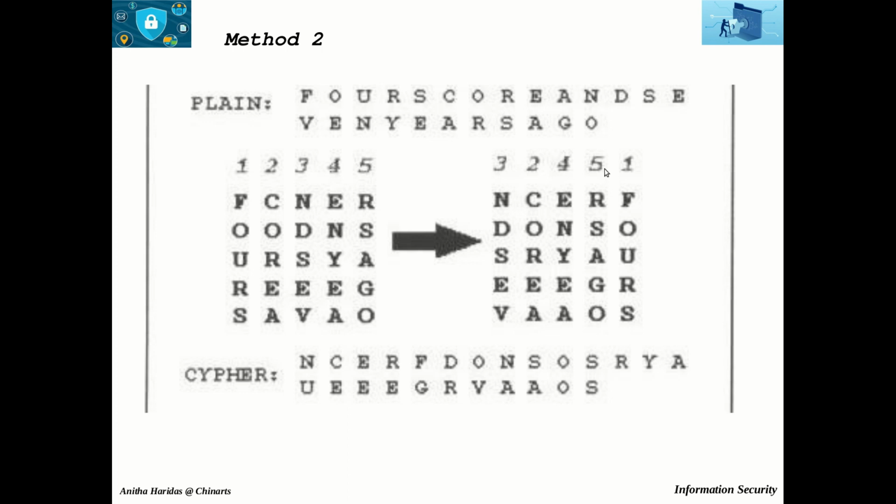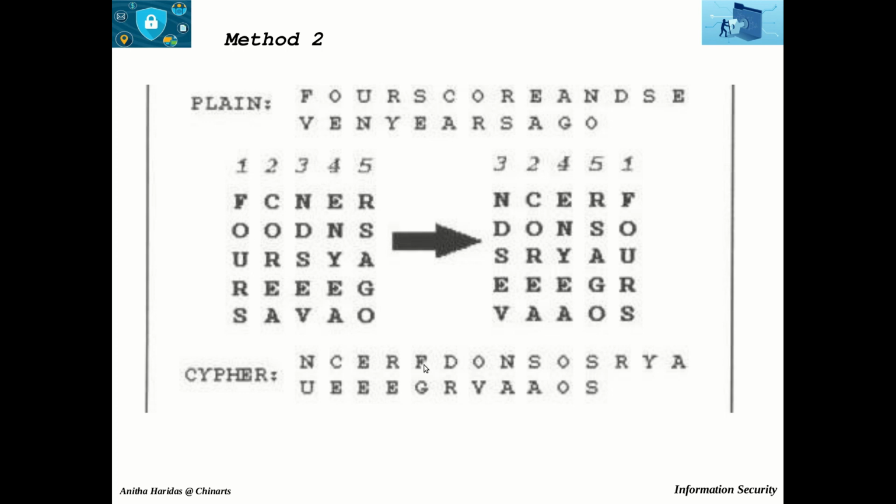So instead of simply writing the first column, second column, third column, fourth column, and fifth column, I am reordering it as 3, 2, 4, 5, 1, and then we write the values.